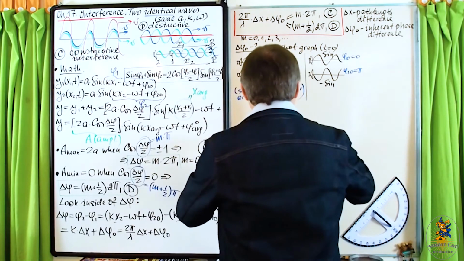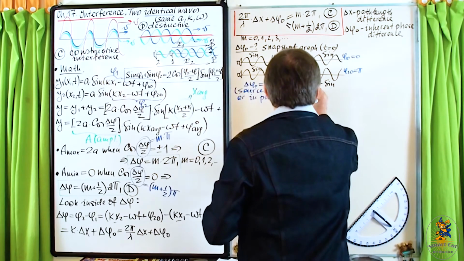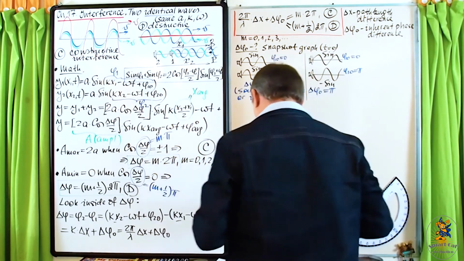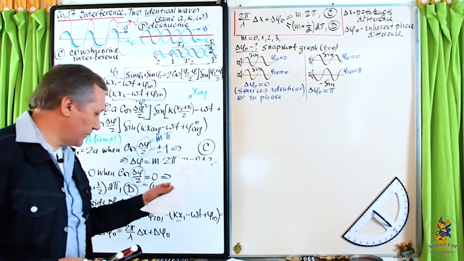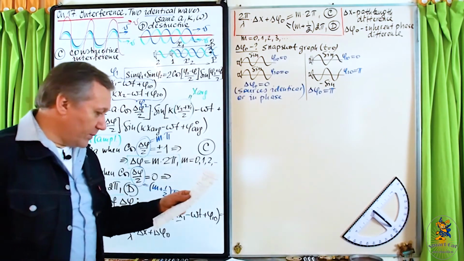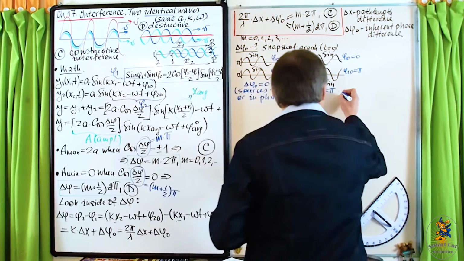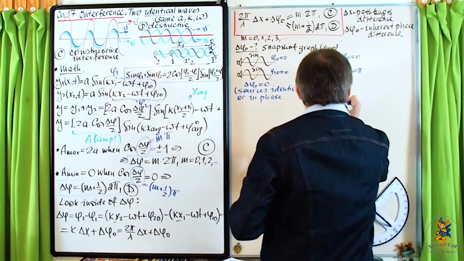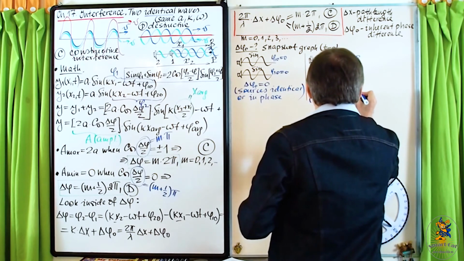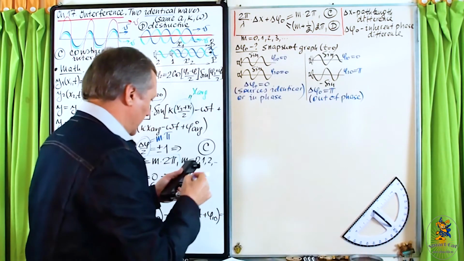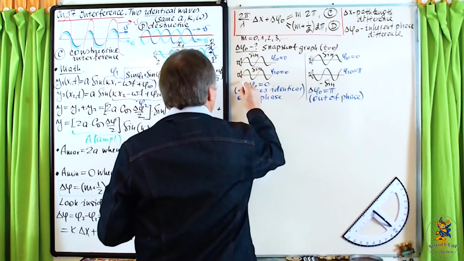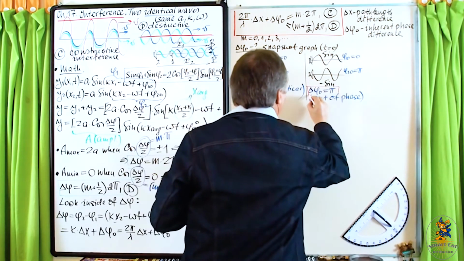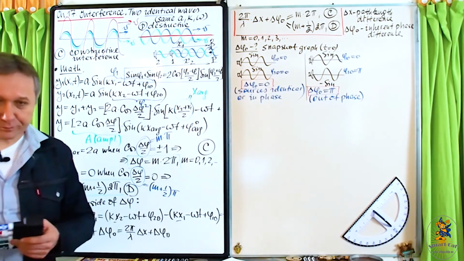Out of phase. In this case, delta phi naught is pi.